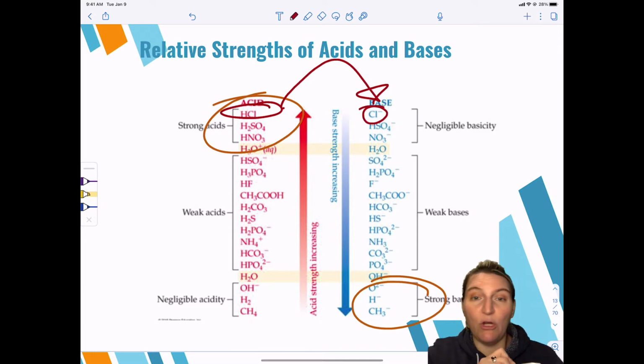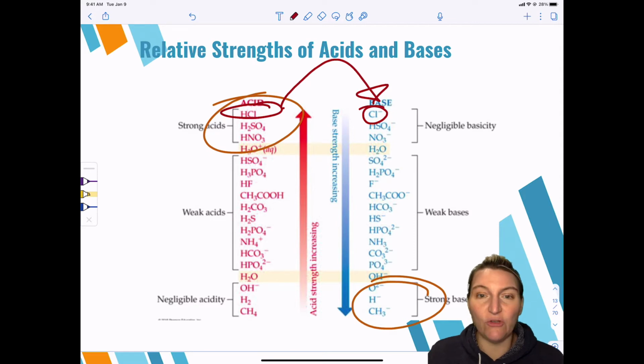And Cl minus we know does not accept the hydrogen ion. It doesn't form a covalent bond at all. It's listed as negligibly basic. Whereas the strong bases, and these are things that you're like, what? CH3 negative? Yeah, we have never seen that before. But if you had the CH3 negative ion in water, it would grab a hydrogen and hold on to it.